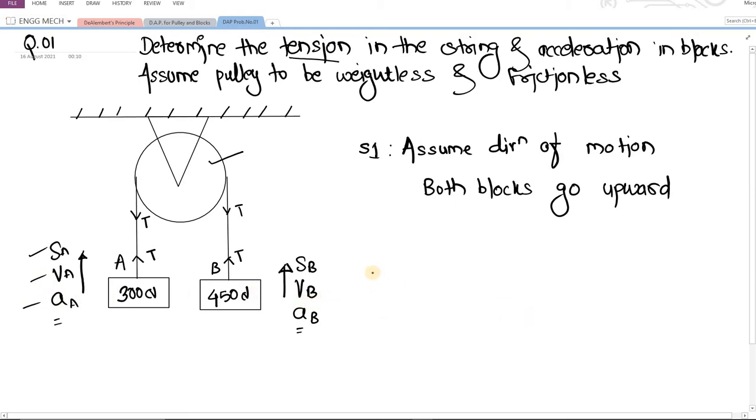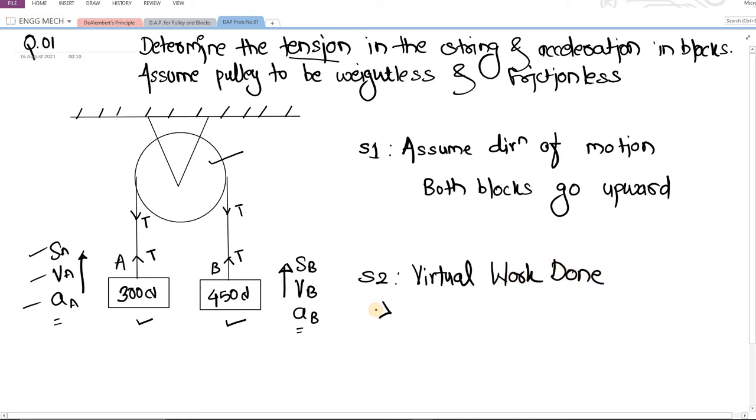Now step number 2. What step number 2 is? We have to establish a kinematic relation, and for that first we have to use the virtual work done equation. Okay, now we will be calculating virtual work done for block A and block B. Therefore write down virtual work done calculation.